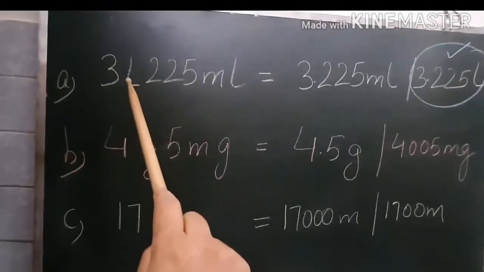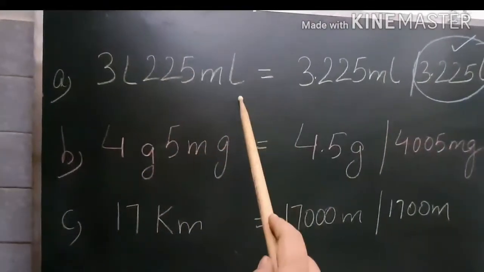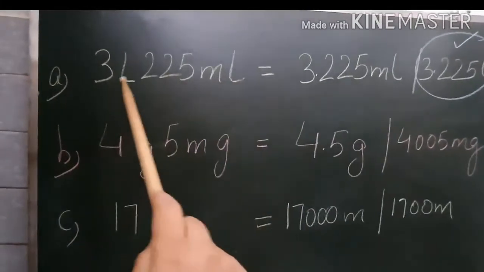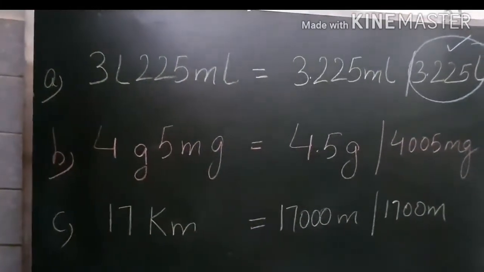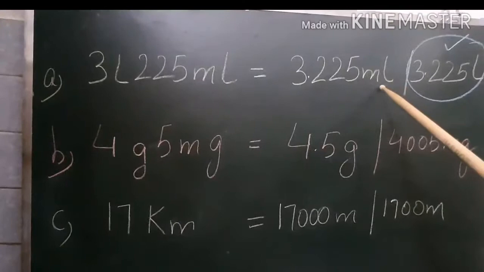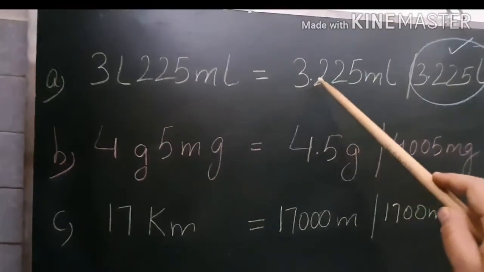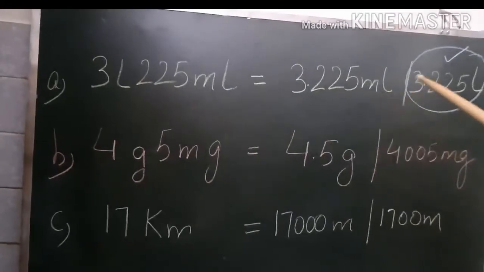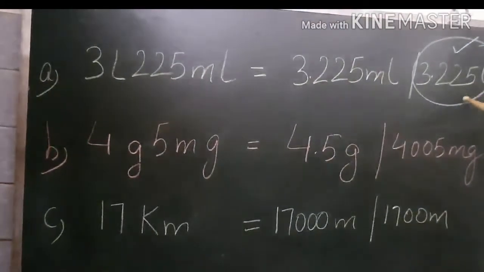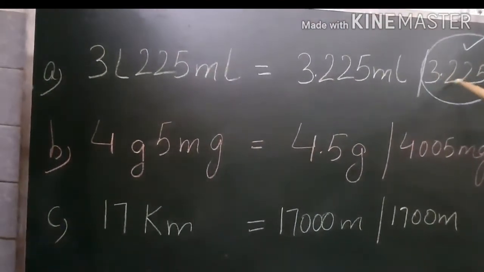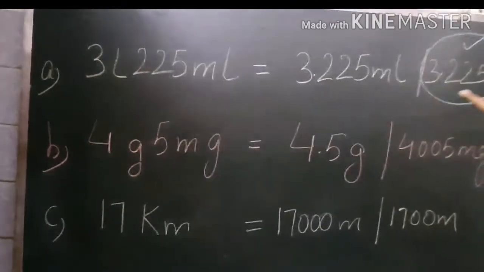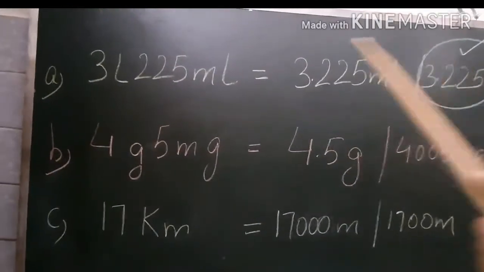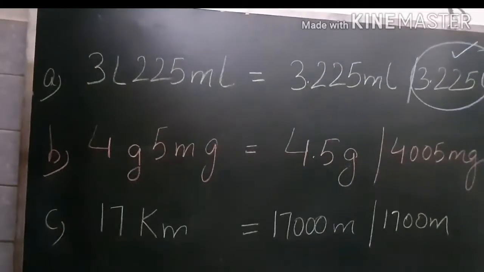Because when you convert liter into milliliter, you multiply the number with 1000. In case of milliliter, I get 3225 milliliter, and in case of liter, I get 3.225 liter. So this is the correct option for this question.